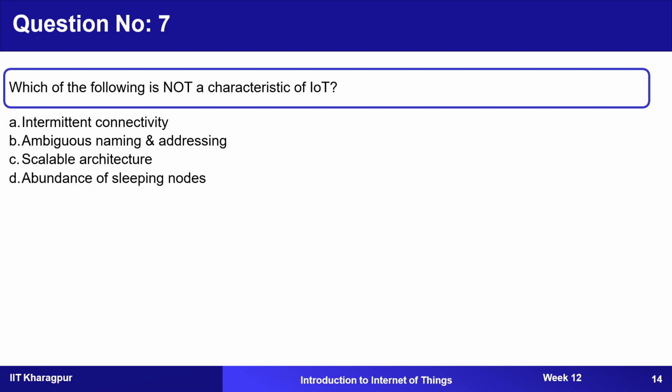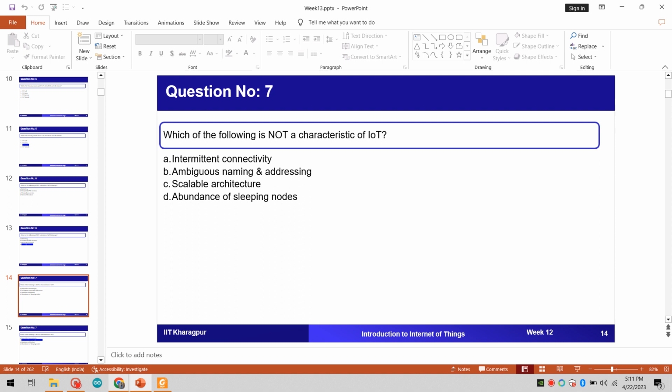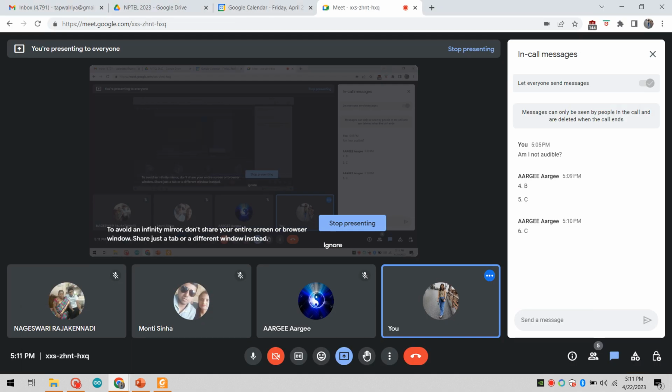Next question is, which of the following is not a characteristic of IoT? Options are intermittent connectivity, ambiguous naming and addressing, scalable architecture, abundance of sleeping nodes. Anyone?